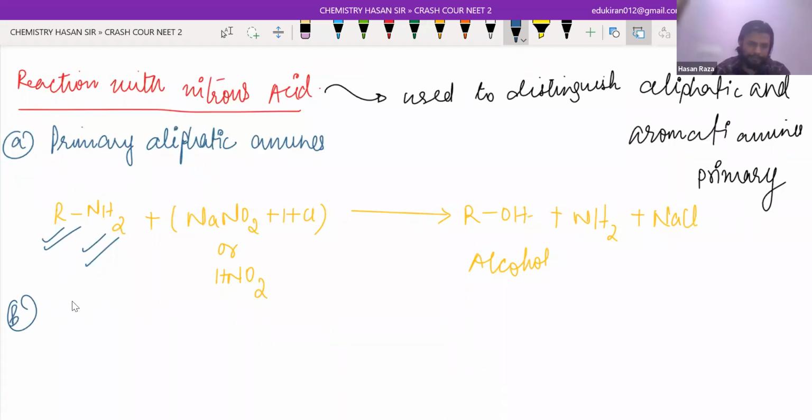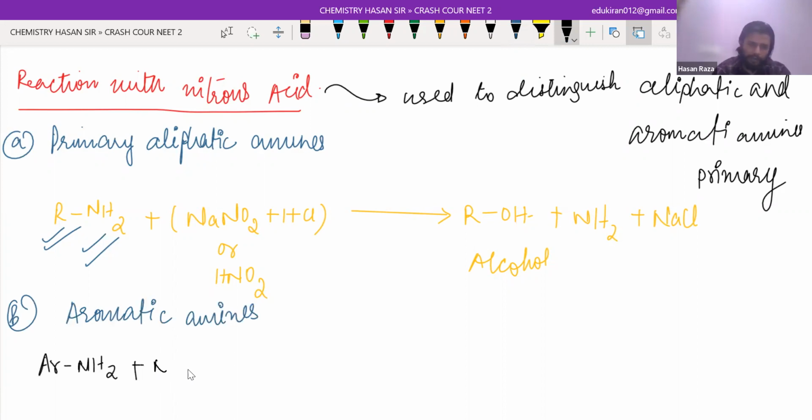B, we can take aromatic amines. Again, the same reaction. This is Sandmeyer's reaction. If you have Ar, that means benzene is connected with NH2, that is aniline, benzene amine.